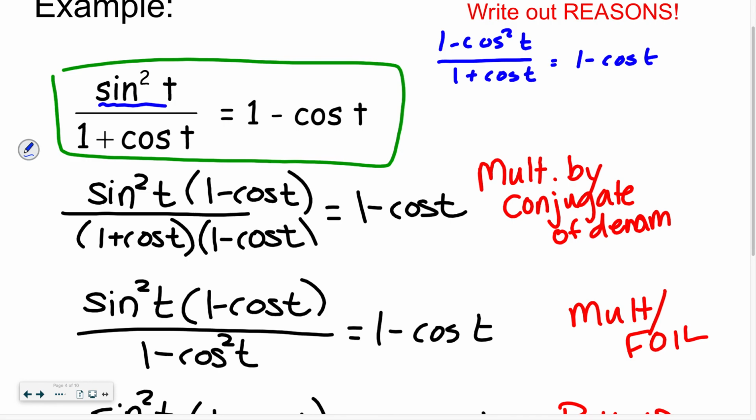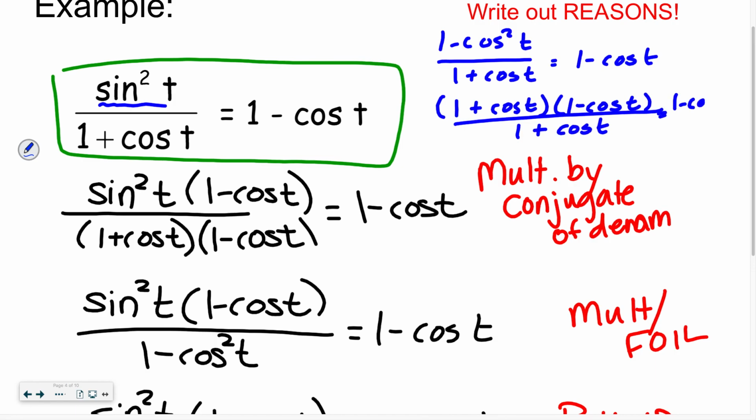Yeah. After Kylie changes it to the Pythagorean identity, 1 minus cosine squared, she has a difference of perfect squares. So this factors: 1 plus cosine t times 1 minus cosine t, all over 1 plus cosine t, and it's supposed to equal 1 minus cosine t. Is that going to work out?